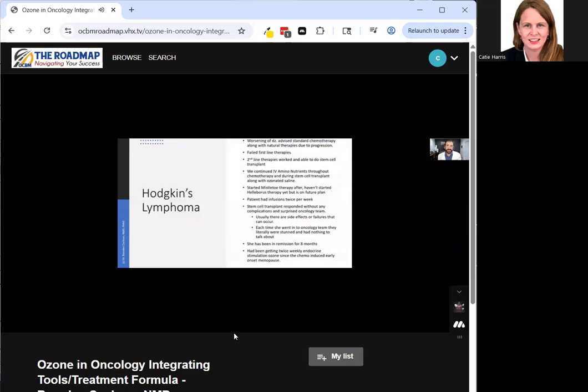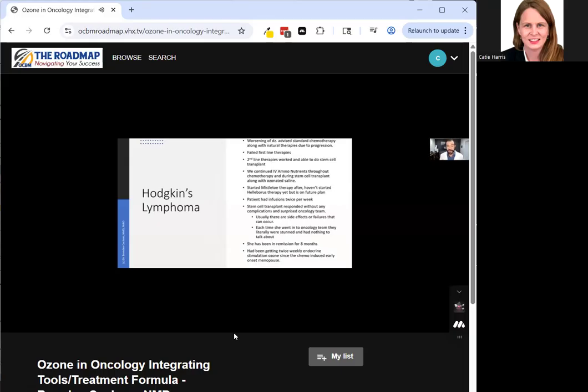Worsening of her disease, and basically she only wanted to treat this naturally, and unfortunately it did keep progressing on. So I was able to convince her to do some chemotherapy while we would continue to do what we're doing. She failed the first line therapies of the chemo. Second line therapies worked, and she was able to do her stem cell transplant.